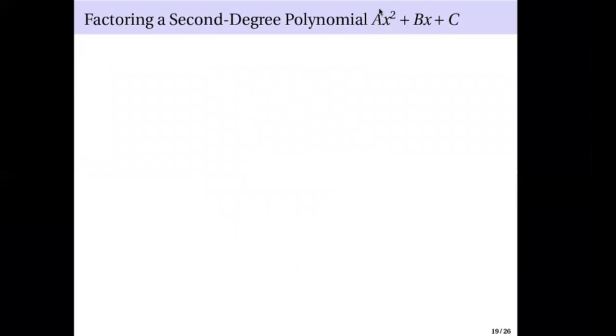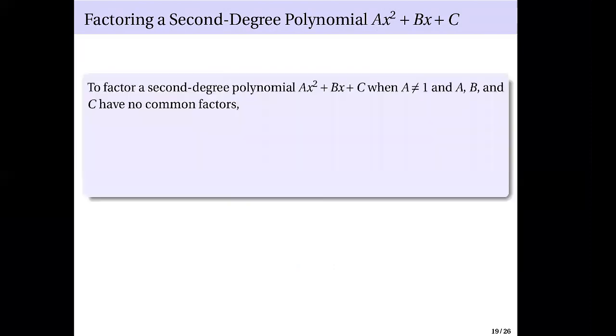So what if we have that coefficient a, and a is not equal to 1, unlike in the previous method? To factor a second degree polynomial, ax squared plus bx plus c, when a is not equal to 1, and a, b, and c have no common factors, this is how we do it.